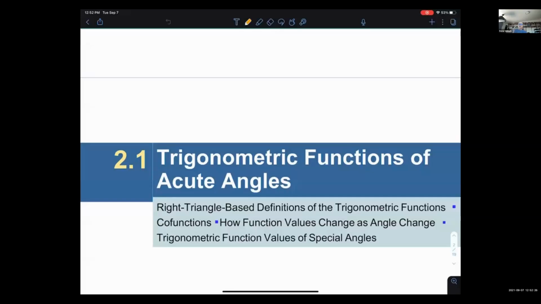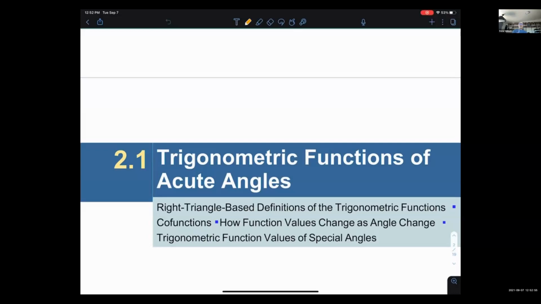So remember, acute angles are the ones that are less than 90 degrees. So we're going to redefine the functions again. In chapter 1, we were looking at circles, and we defined the trig functions based on an angle and a point on a circle as being the y value on a unit circle, or the y value divided by the radius, or something like that.